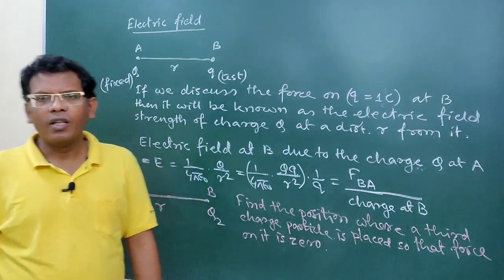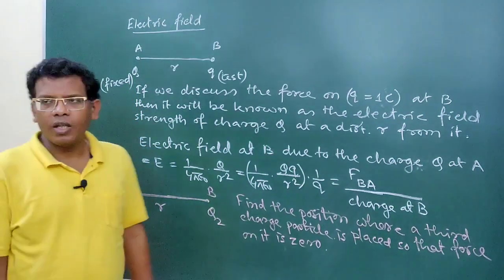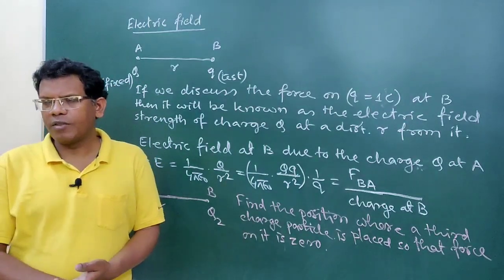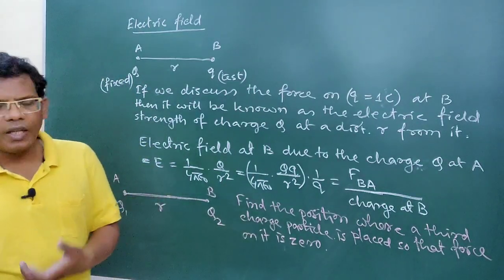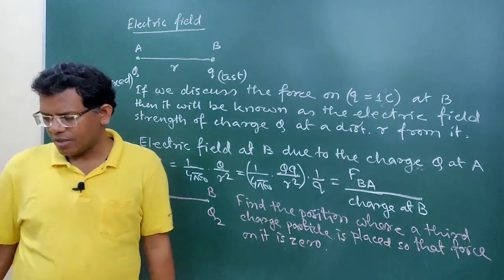If this is a question saying find the position where a third charge particle is placed so that the force is 0, that means we need to know the zero electric field position due to these two given charges.